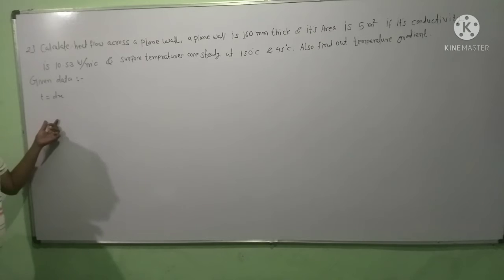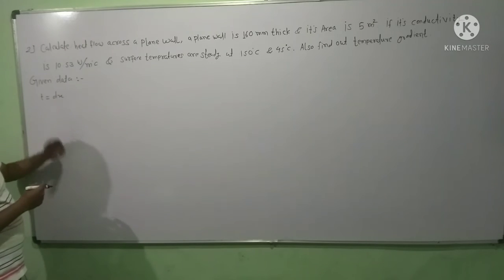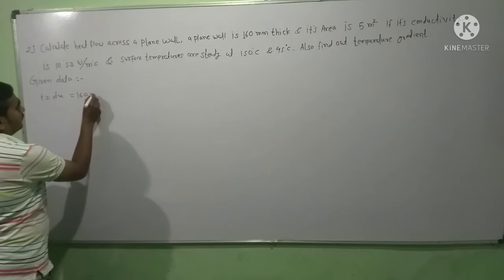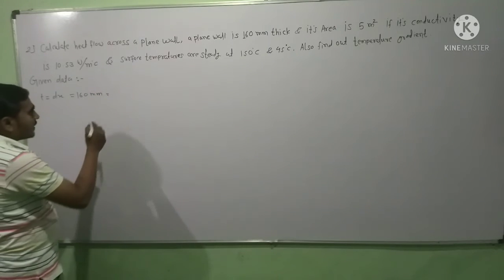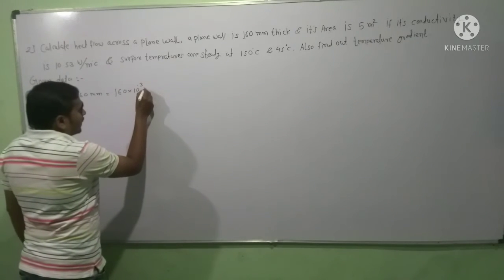We can denote it by both, thickness T and dx, and that is nothing but 160 mm. We always convert that into meter, and that is nothing but 160 into 10 raised to power minus 3 meter.